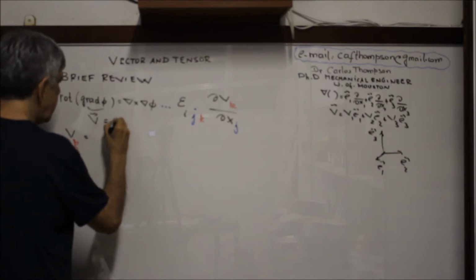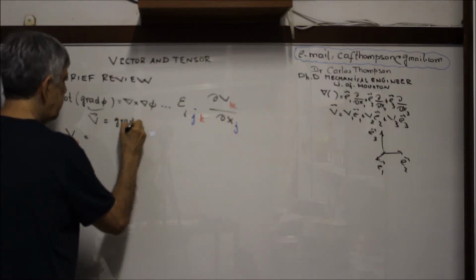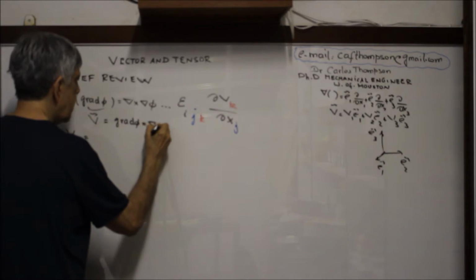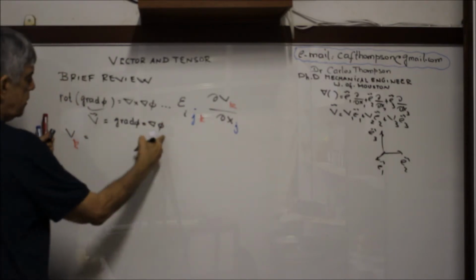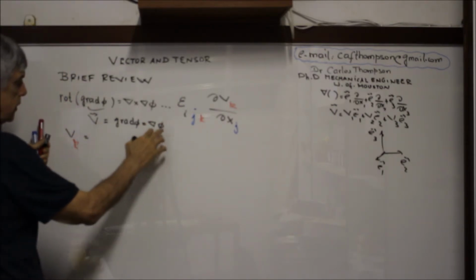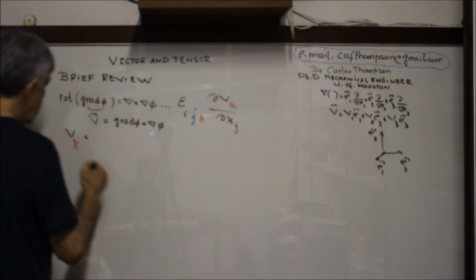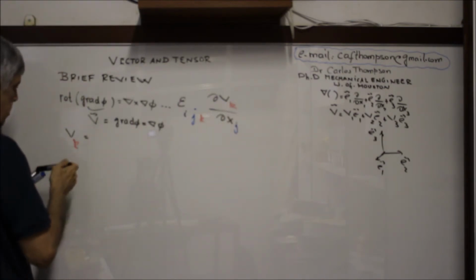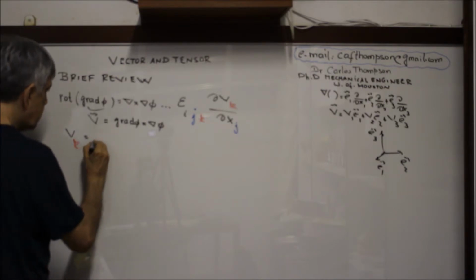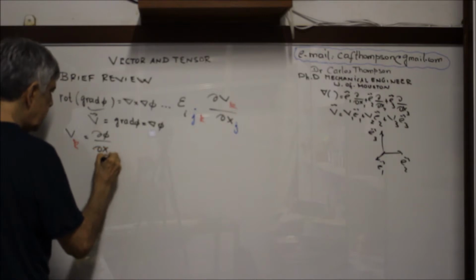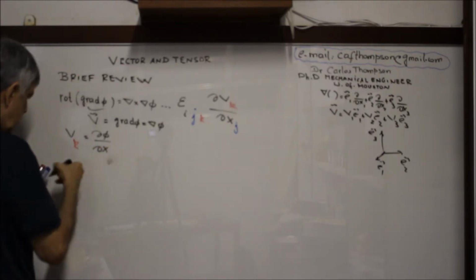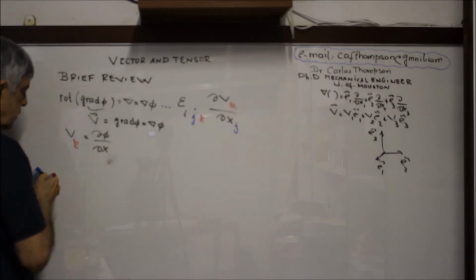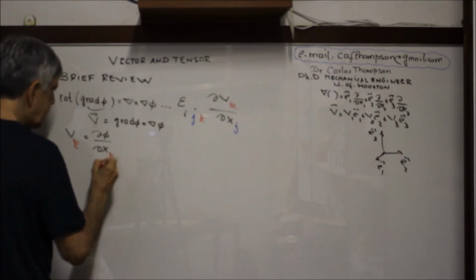Let's write down, gradient of phi is equal to nabla phi. v is this, so I'll substitute nabla phi over here. So vk is the partial of phi with respect to xk.